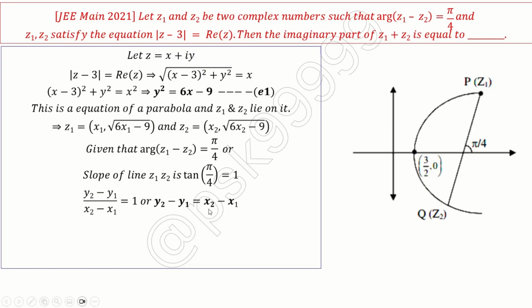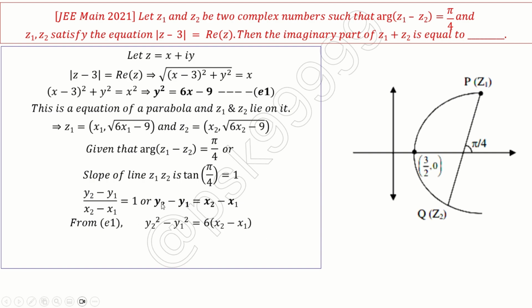But an easier way is to compute y2 minus y1 directly. From this equation, y2 square minus y1 square is nothing but, if I substitute x1 and x2 here and subtract, I will get 6 times x2 minus x1. This is from E1.